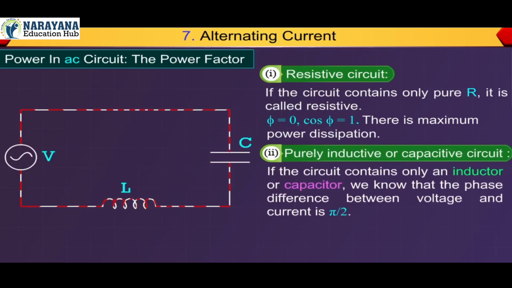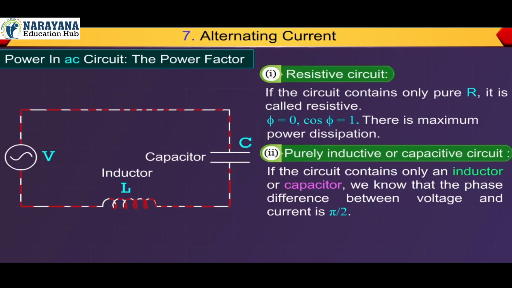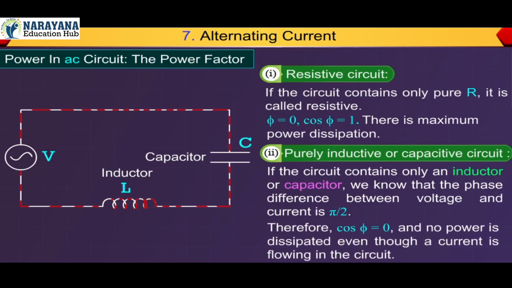If the circuit contains only an inductor or capacitor, we know that the phase difference between voltage and current is pi by 2. Therefore, cos phi is equal to 0 and no power is dissipated even though a current is flowing in the circuit. This current is sometimes referred to as wattless current.